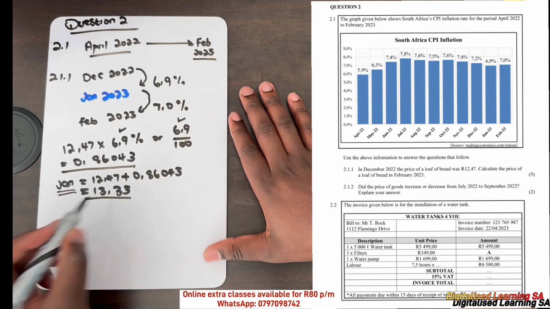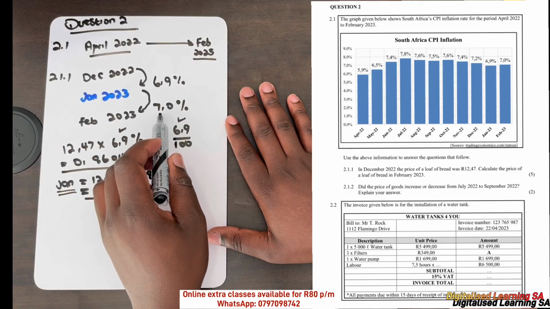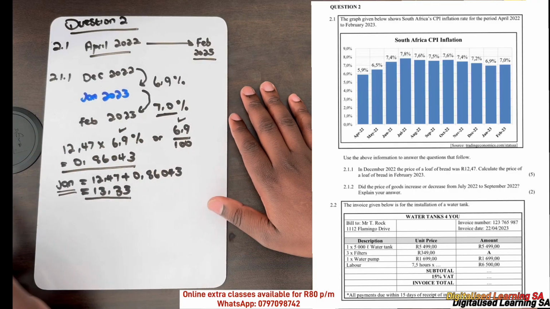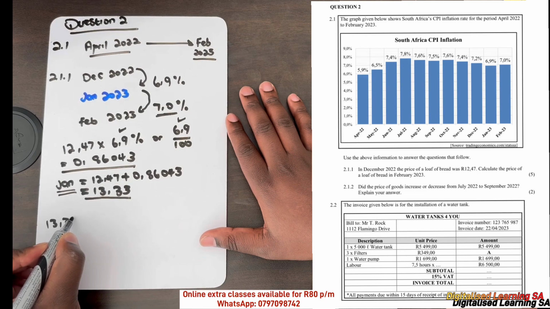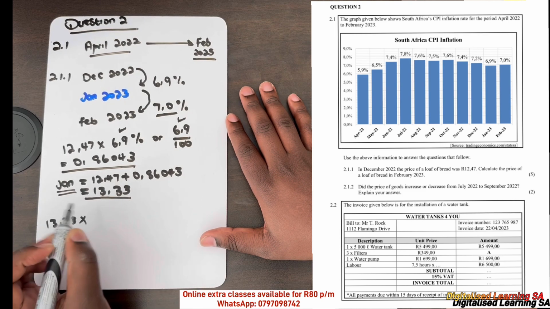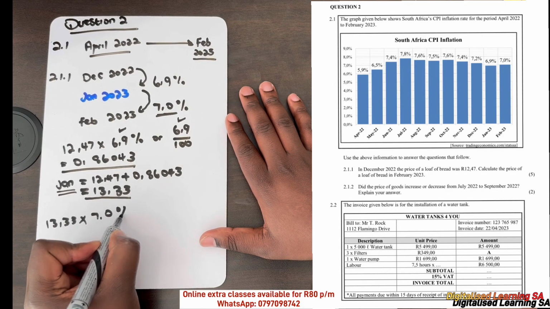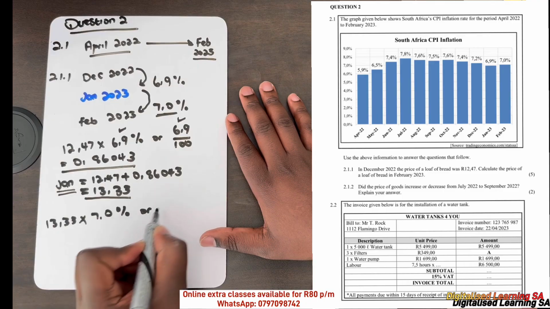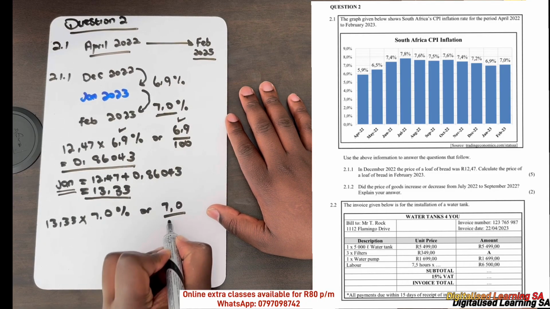We take the price of bread in January and apply the percentage increase of 7%. So we say 13.33 multiplied by 7.0%, or 7.0 over 100.